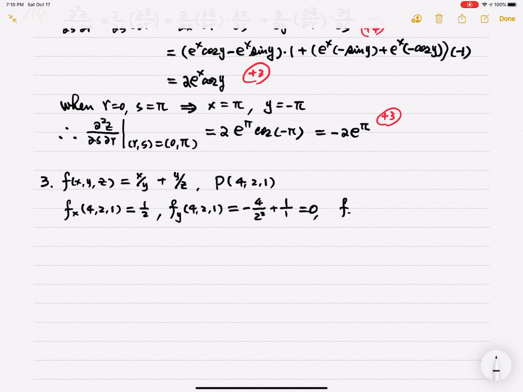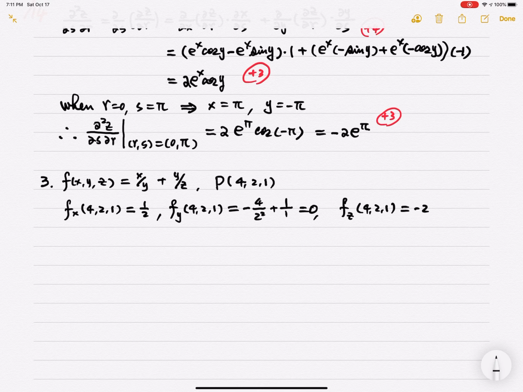And f sub z, let me directly put in the point (4, 2, 1). You calculate the derivative with respect to z, which is equal to negative y over z squared. Well, y is 2, z is 1, so negative 2 over 1 squared, that's negative 2.